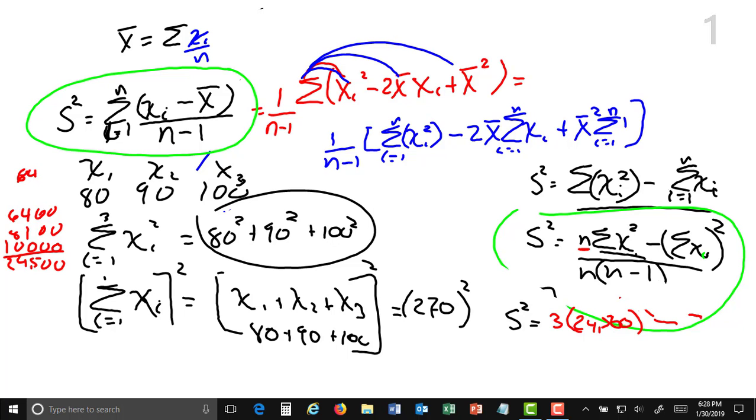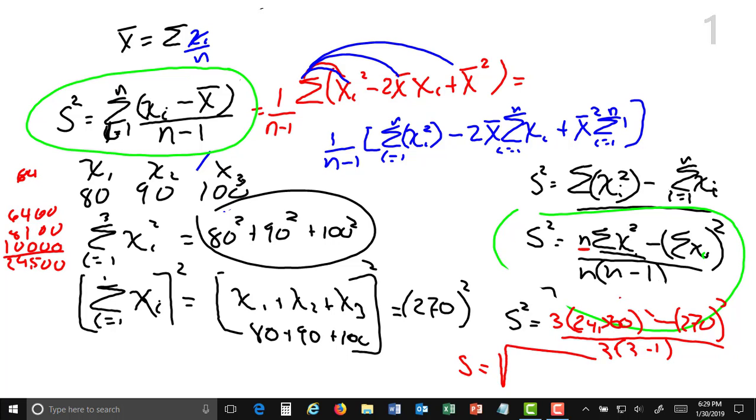Minus 270 squared. And that's going to be over n, which is 3, minus 1. Okay? And that should calculate your deviation squared. Now, if it wants a deviation, you're going to take the square root of both sides. So it's going to be the square root of all that.